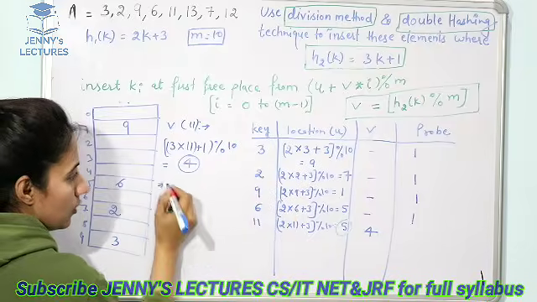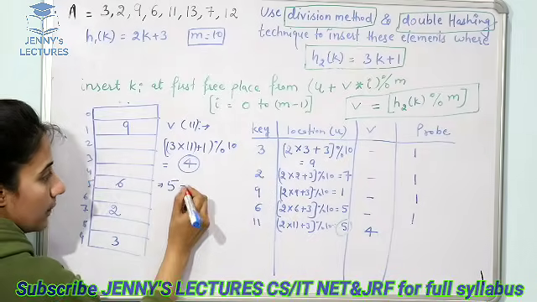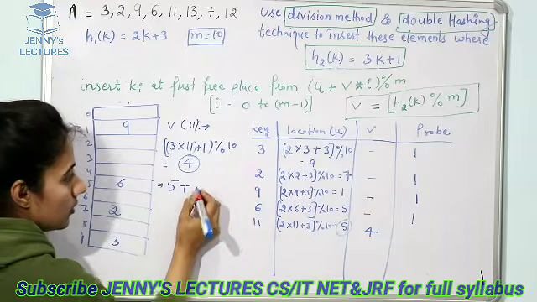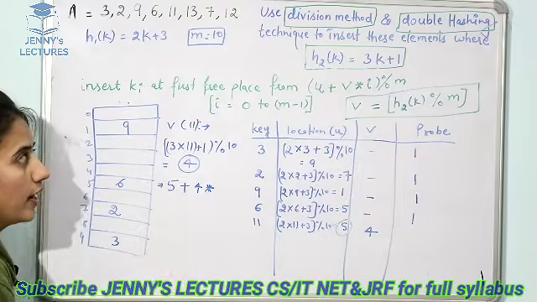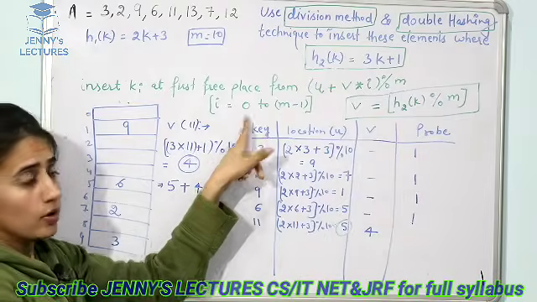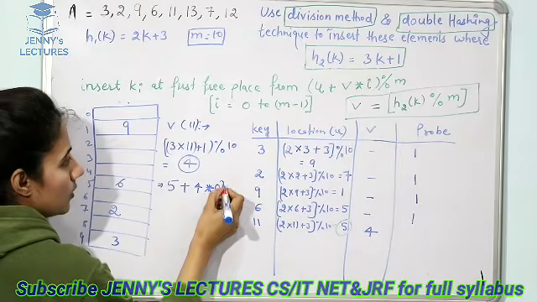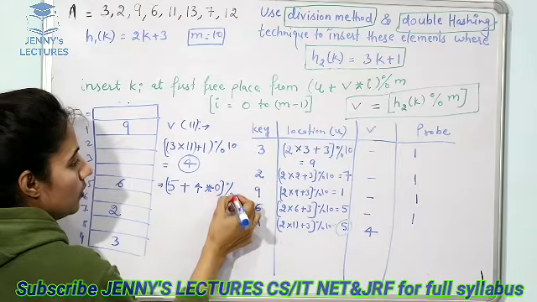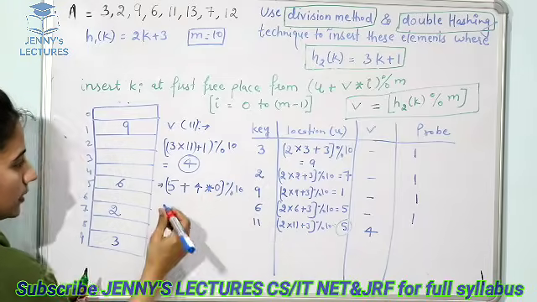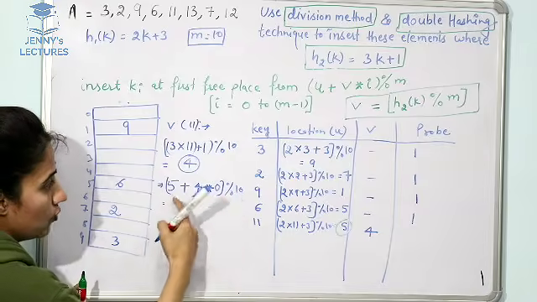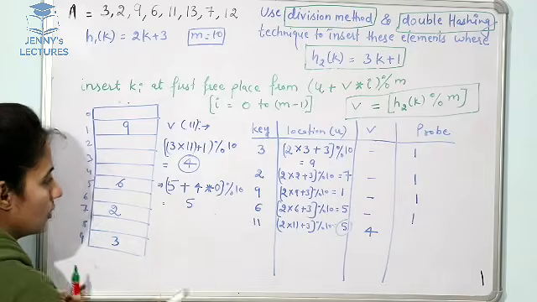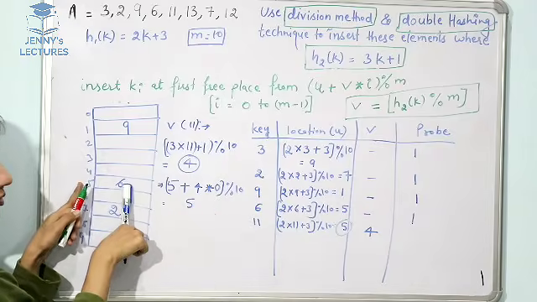For 11, u is 5 plus v is what? 4 into i value is, suppose starting i की value is what? 0 and mod m, that is 10. 5 plus this one, this would be 0, 5 mod 10 is 5. Go to 5th place, but this is not free.